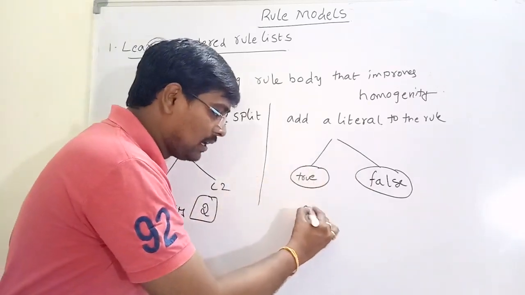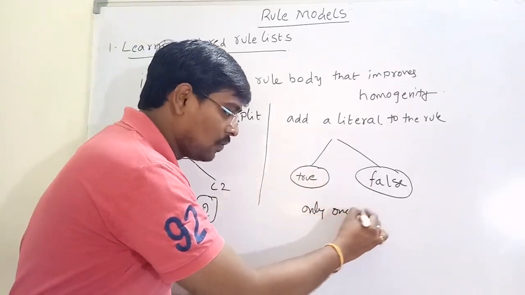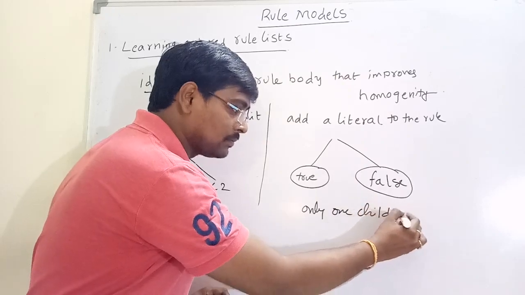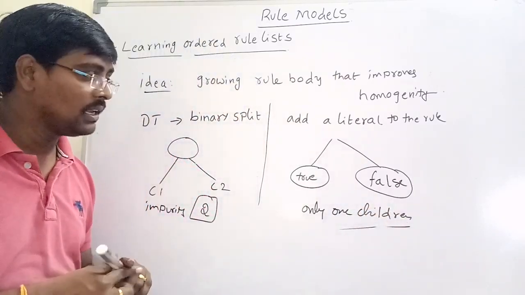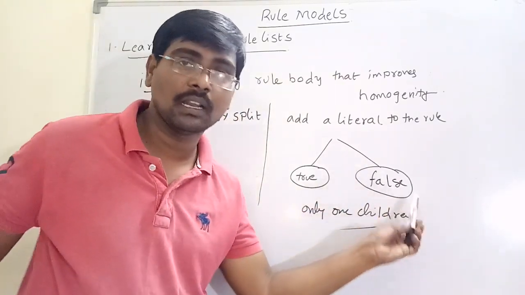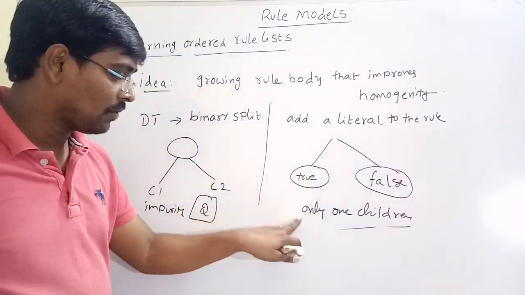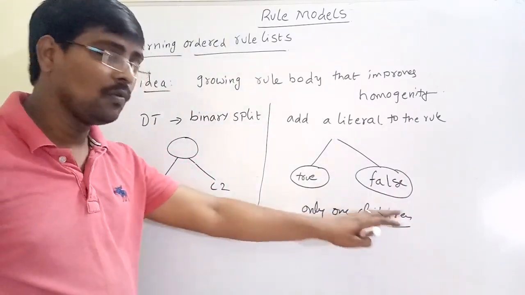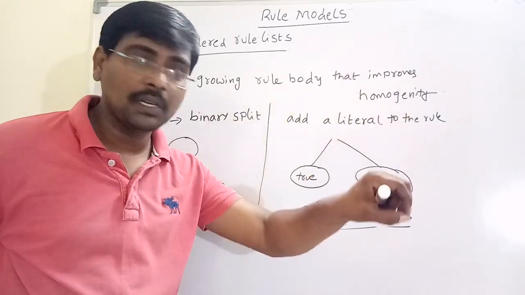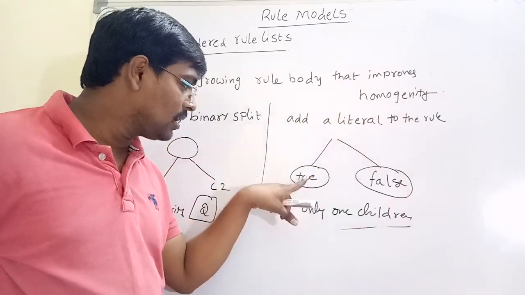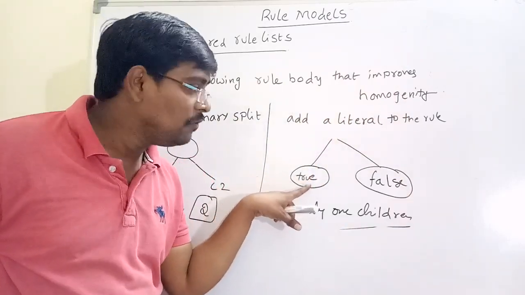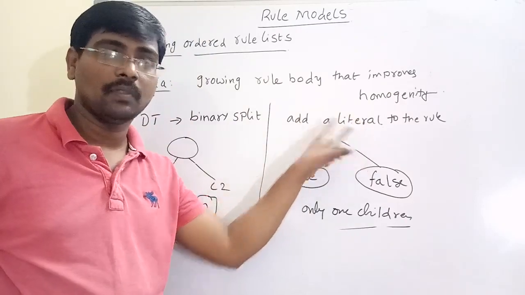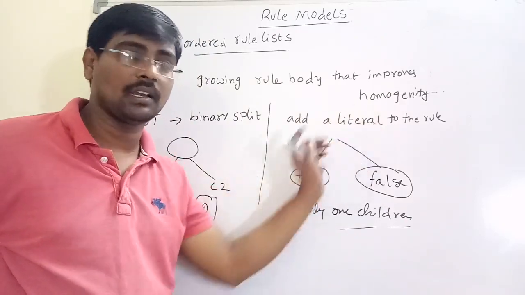We are calculating impurity for only one child. No need to calculate impurity for both children and then take the average. We are calculating impurity only for the one which satisfies the literal.